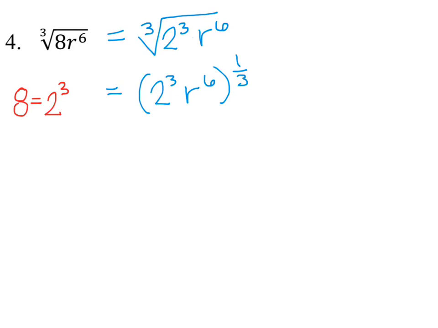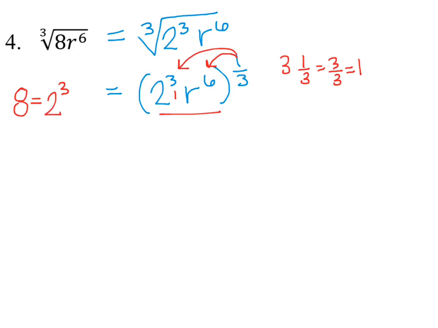So this 1/3, I can go ahead and distribute that exponent to the exponents that are inside the parentheses because all I have in the parentheses is multiplication. If there was a plus right there, I couldn't do that, but because there's no plus, I can distribute that exponent. So in order to do that, I need to multiply my exponents. So I know that 3 times 1 over 3 is just equal to 3 over 3, which is 1.